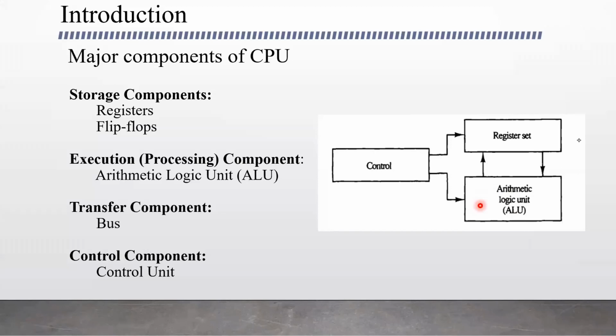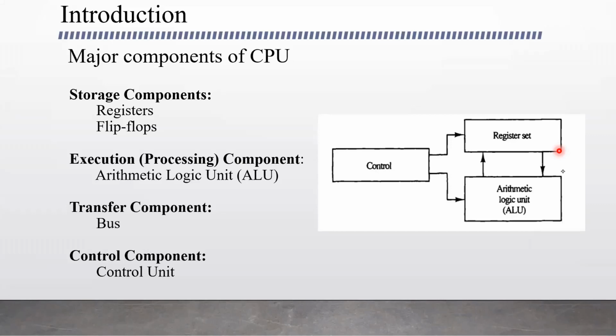So register set, let's take this unit first. The first part of the central processing unit is the register set. This is used for storing data, right? Generally, data is stored in memory, but why do we need registers in the central processing unit? Accessing data from memory is the most time-taking job in the computer.